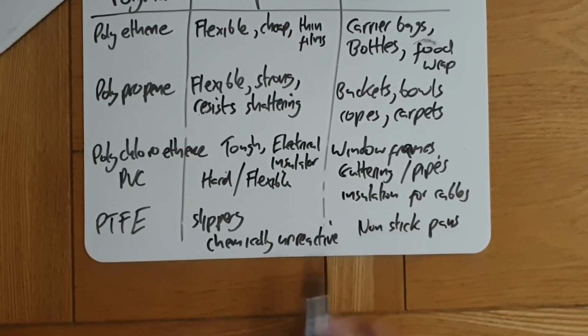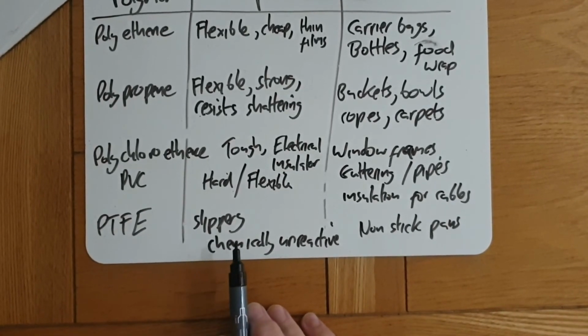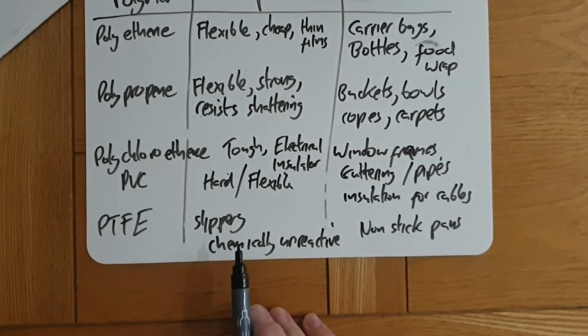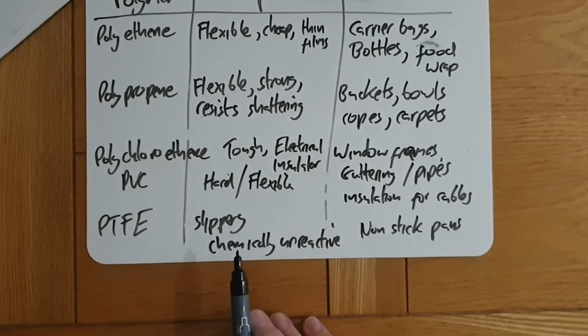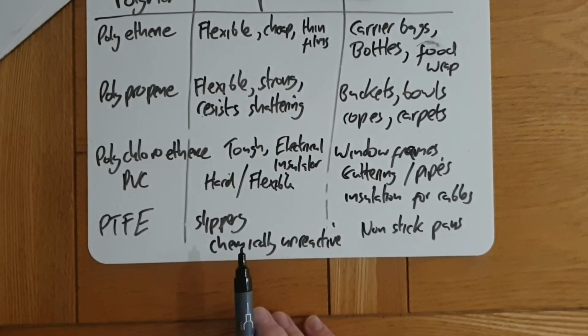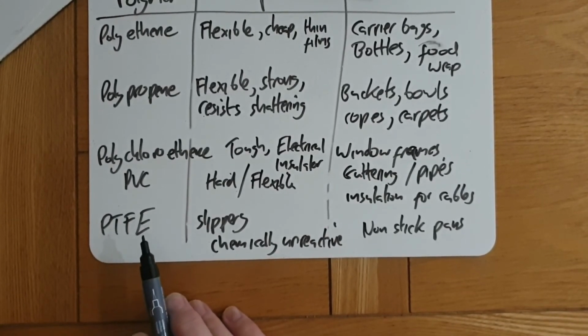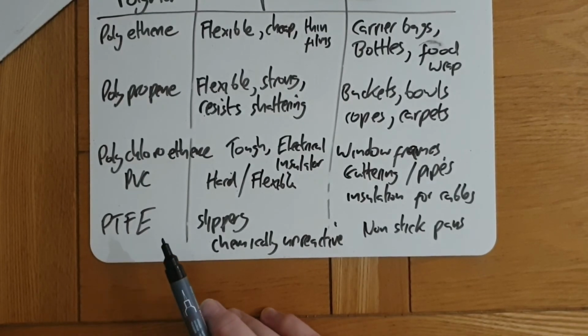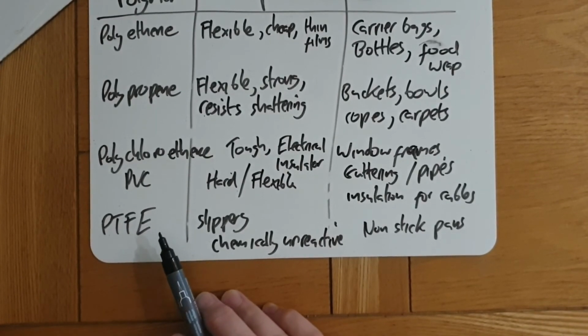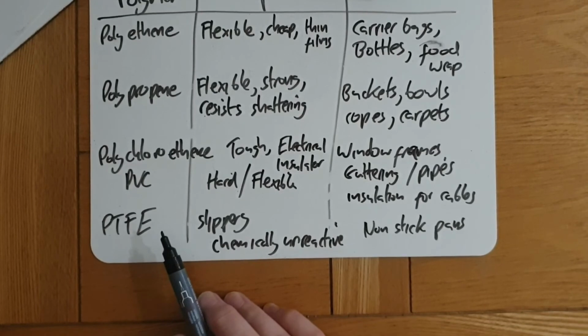They also make industrial carpet or industrial clothes out of it. Like somebody wearing chef whites in a formal kitchen can have clothes made of PTFE. So if you spilt tomato sauce or pasta sauce all over it, you can literally just pour water on it and it rinses right off.